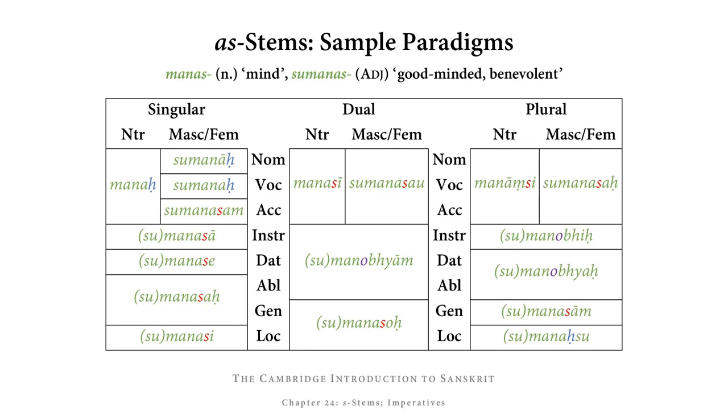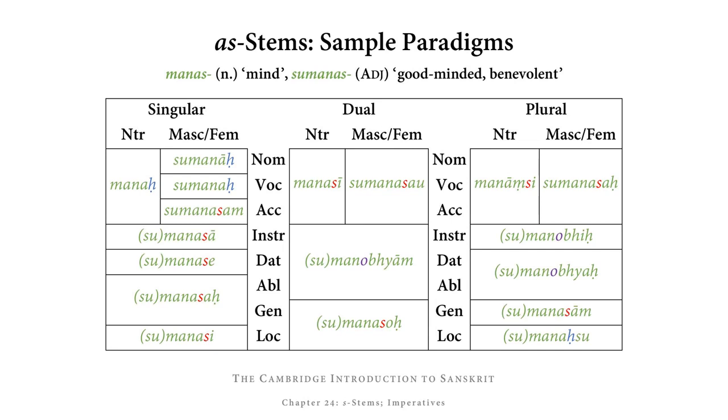The only difference here is that in front of s, the nasal does not appear as a full nasal, but it appears as an anusvara, and also the a that precedes the s, so we have the stem as, this short a is lengthened, so we get manāṃsi.